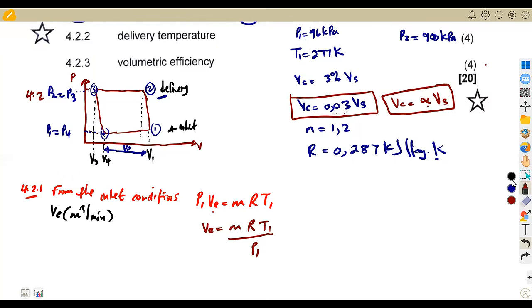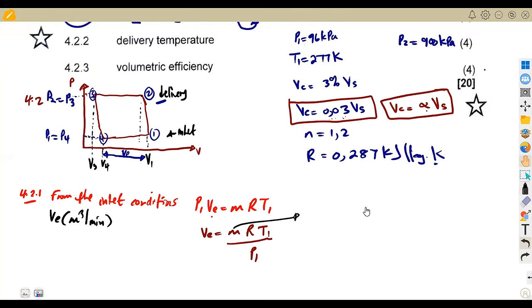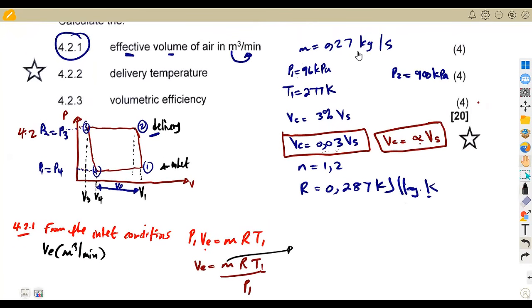If we check here, the mass that we are given, on top here, is in kilograms per second.